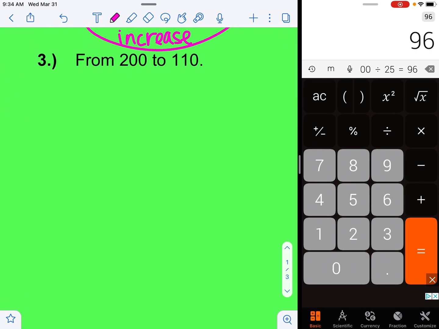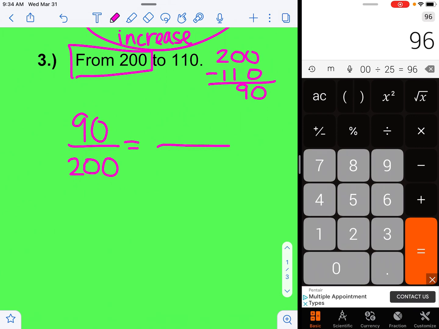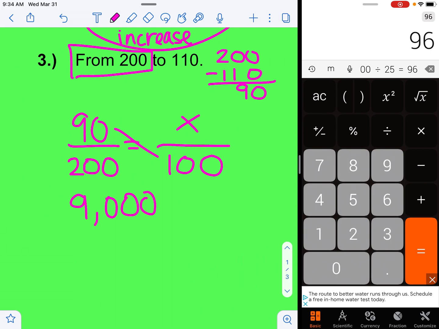We're going from 200 to 110, so again, that from 200, that's our original amount. So if you want to write it in right away, you sure can. Now we need to subtract 200 minus 110, we get 90. So that's the top number. We don't know our percent, but we do know it's always 100 on the bottom. 90 times 100 is 9,000, and that's equal to 200x.